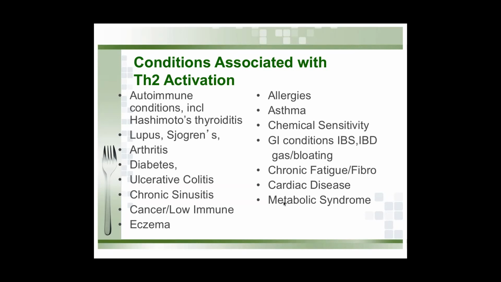A real common thing is for people to develop hay fever, seasonal allergies, conditions like asthma, and also chemical sensitivity. So we always ask, do you get a headache from smelling perfume, or do smells give you headaches or bother you? That's another telltale sign.